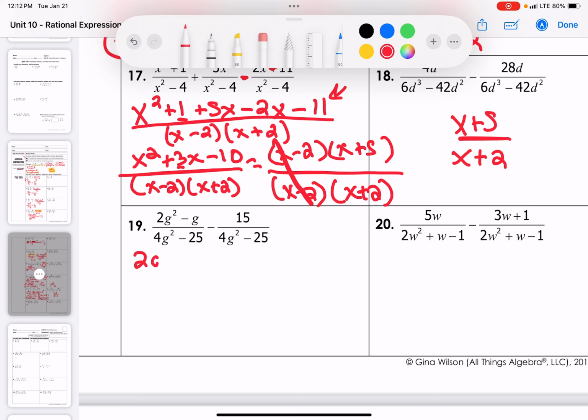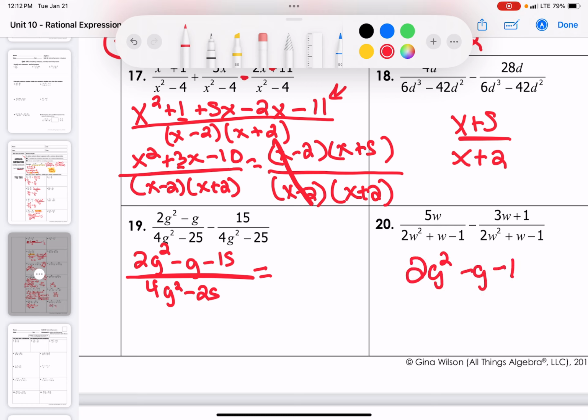I got 2g squared minus g minus 15 all over 4g squared minus 25. I can factor both sides, right? I want to factor by grouping. So let's do it over here: 2g squared minus g minus 15. 2 times a negative 15 is going to give me a negative 30.